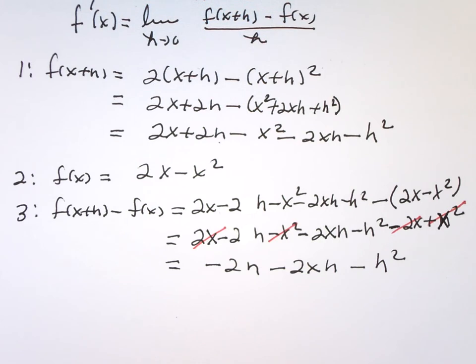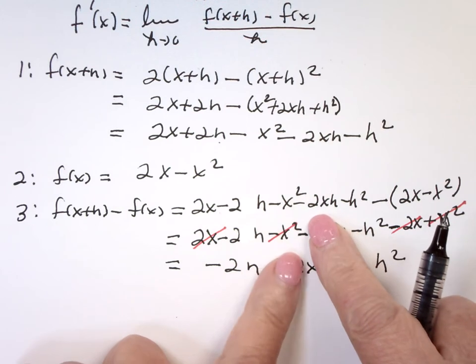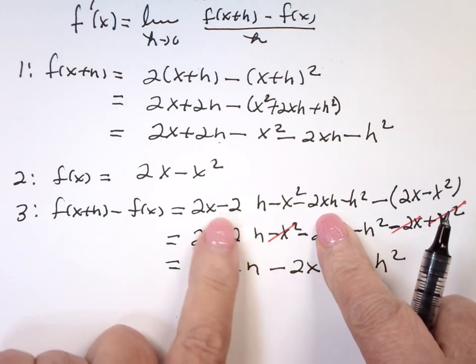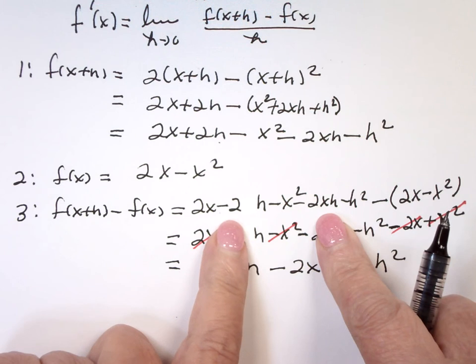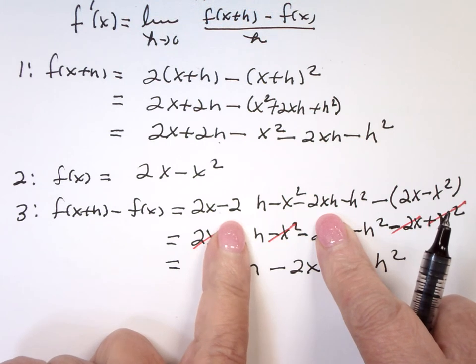What keyed me in that I copied something down wrong is that I should not have a 2xh here and a 2xh there; otherwise I'd be able to combine things, and I can't combine anything.